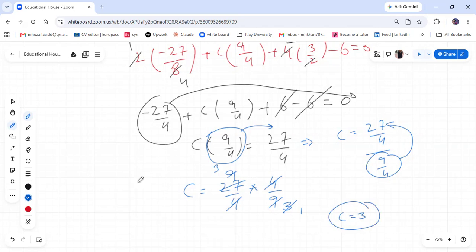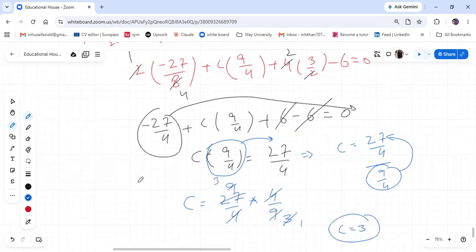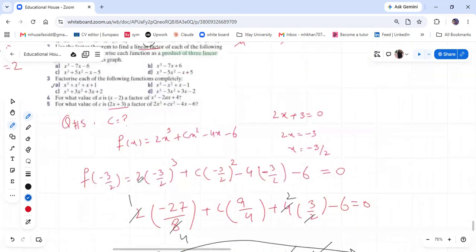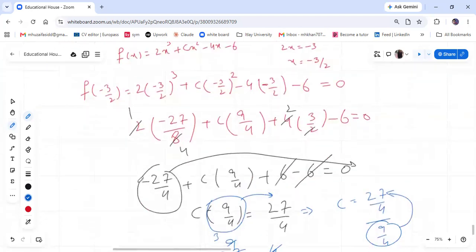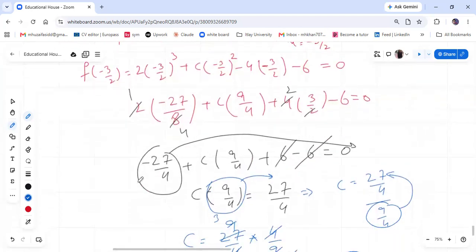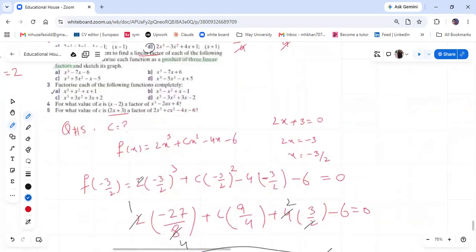Is there any confusion from this problem? No, sir. Okay, again, check it. Here we are using the factor theorem to find unknown values with the help of this method.